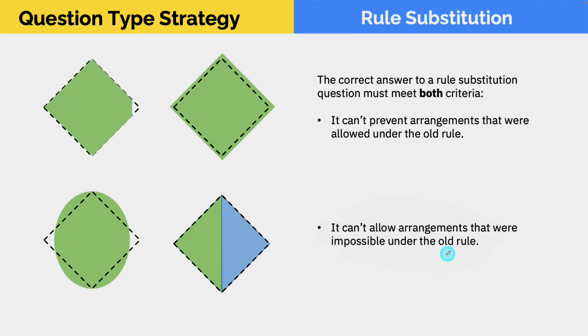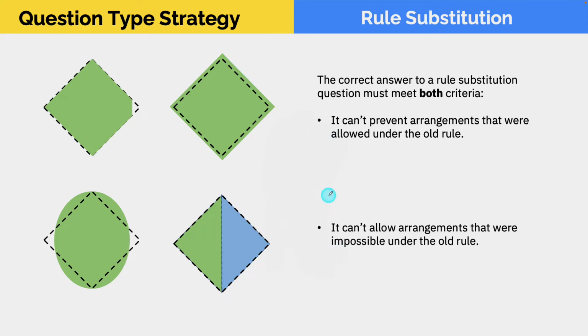This criteria would help us get rid of this shape over here because it's protecting people outside of the dotted line. It's allowing arrangements that were not allowed under the original rules. Now, this criteria is also something that would allow us to get rid of this shape as well because it's protecting people who are outside of the dotted line. It is allowing arrangements of variables that were not allowed, not protected originally. Now, practically speaking, here are some questions that I have in mind as I evaluate these two criteria.